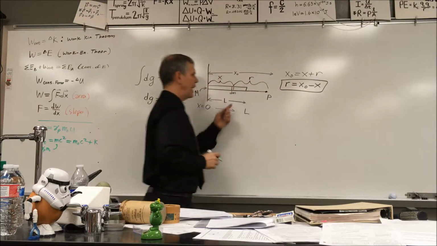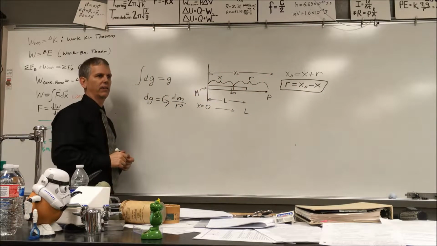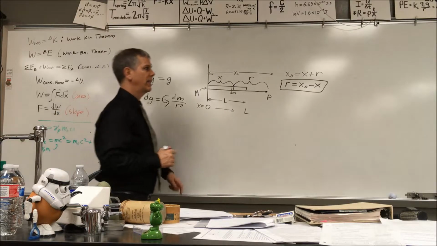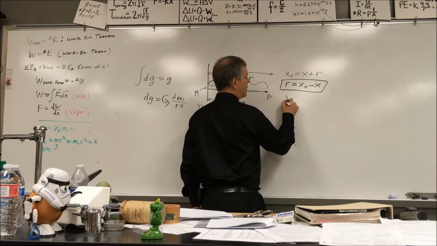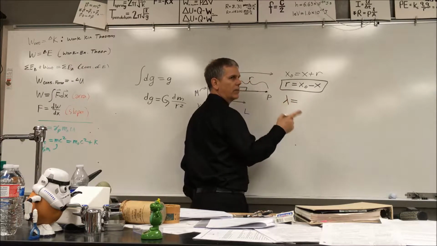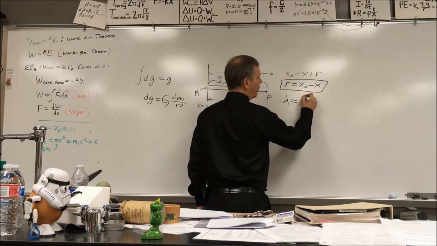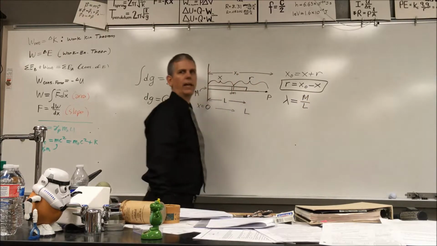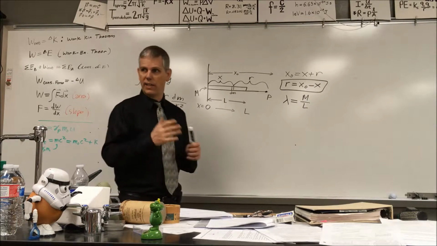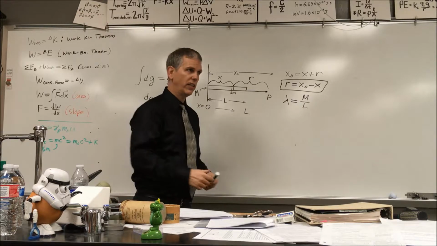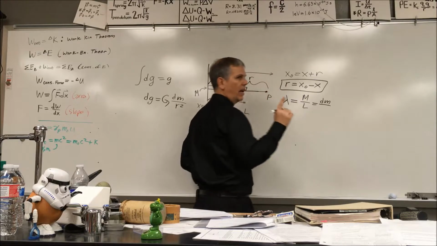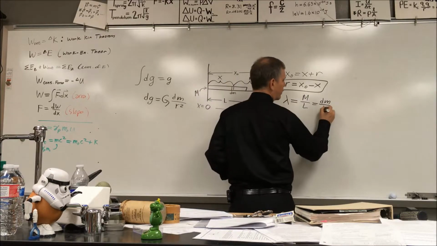However, this little dm is not defined as x. But we just learned that we can do this by taking the line density, which is defined as kilograms per meter, or the total mass divided by the total length. Since lambda, the density, is a constant, it would also equal dm over, instead of dl, we're going to call it dx.